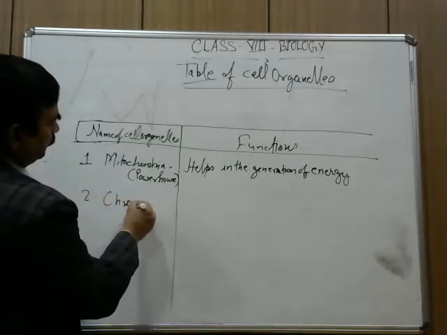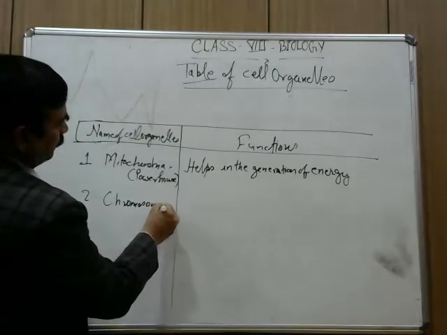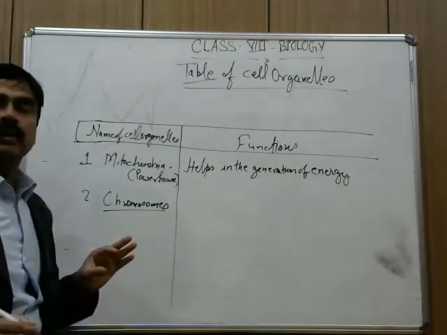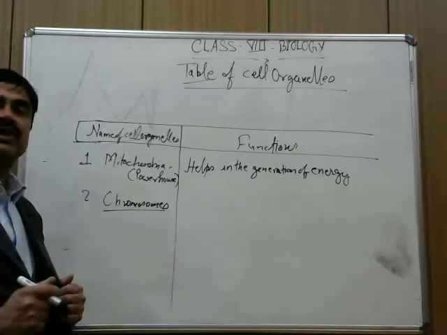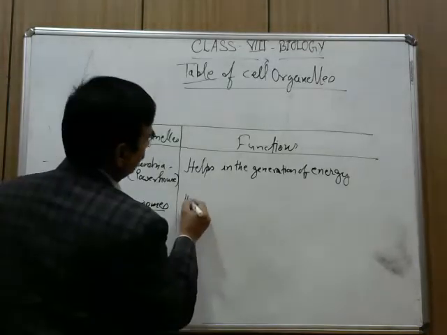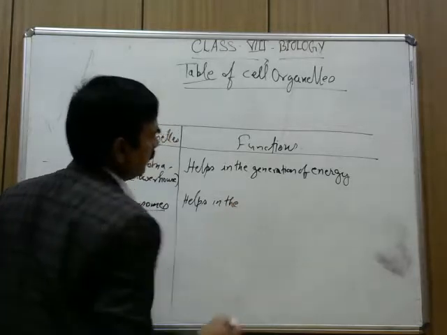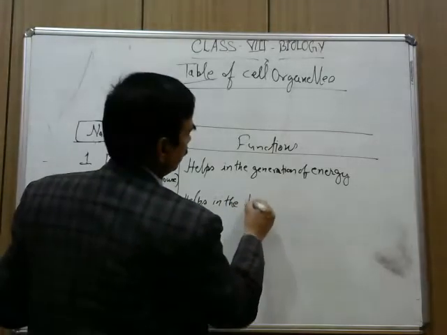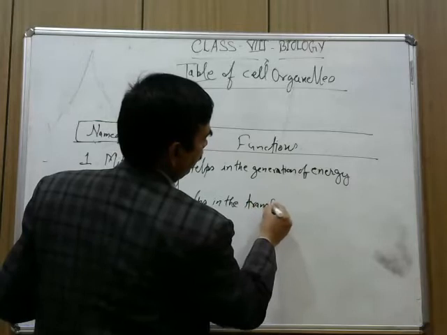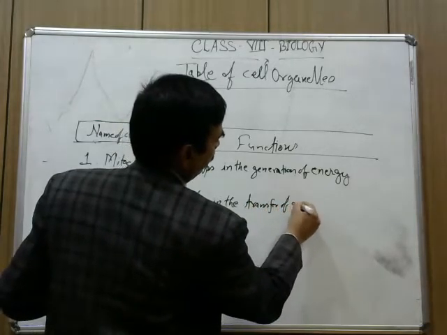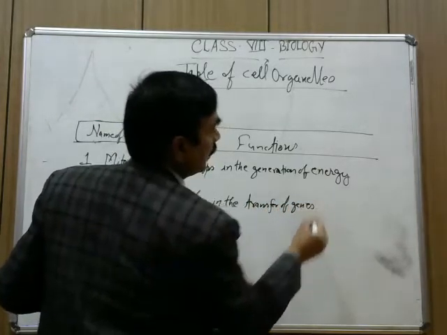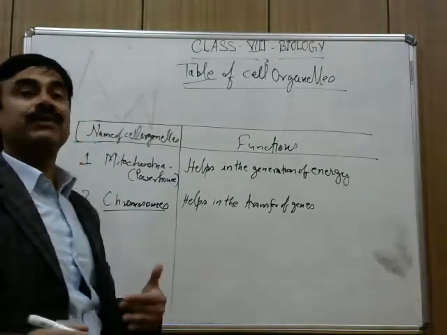Number 2. Chromosome: helps in the transfer of genes. Genes are the unit of genetics.